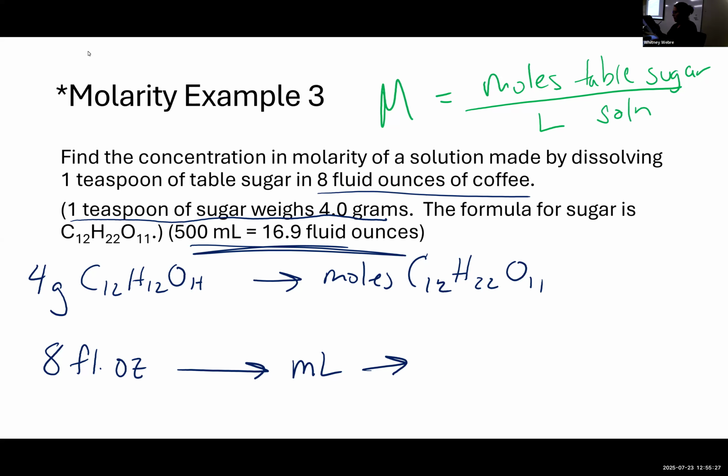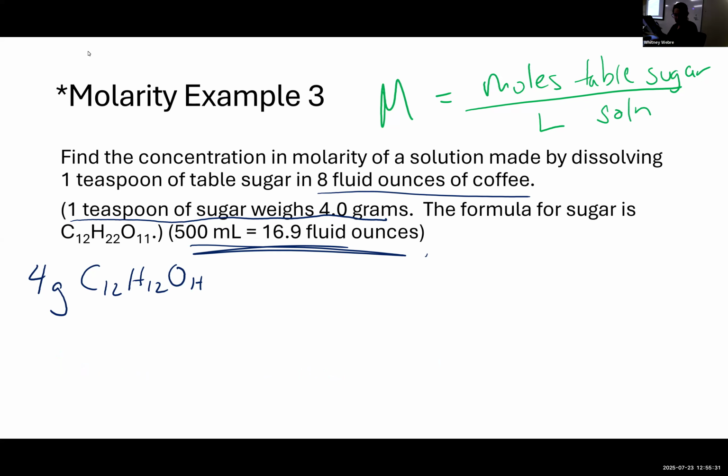Let's start by going from grams of sucrose to moles using the molecular weight, which I got 342.296.